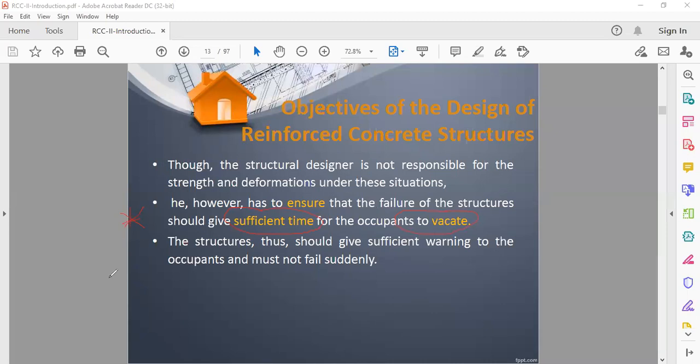It should give sufficient warning to the occupants and must not fail suddenly. Whatever building you design, it should not suddenly collapse. It should give sufficient warning and sufficient time to vacate.